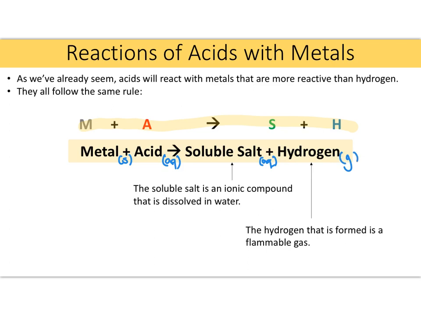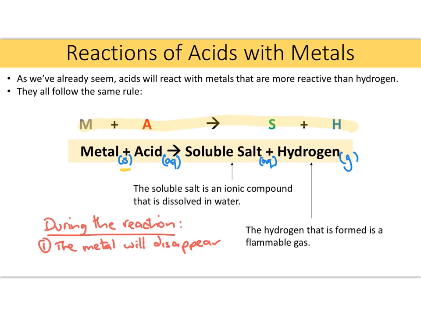Sometimes you can get questions that ask you, what would you observe if this reaction took place? And state symbols are really very useful for that. We can see we've got a solid on the left-hand side and no solid on the right-hand side, so one of the things that we're going to see is the metal disappear.